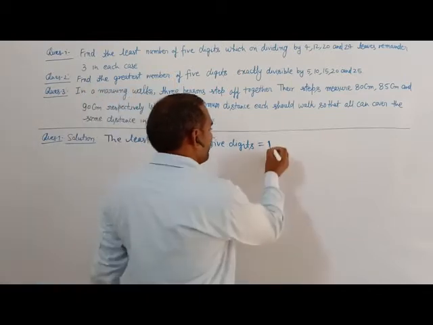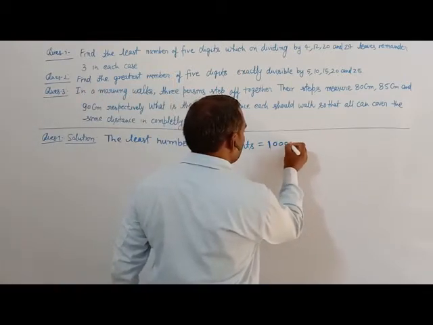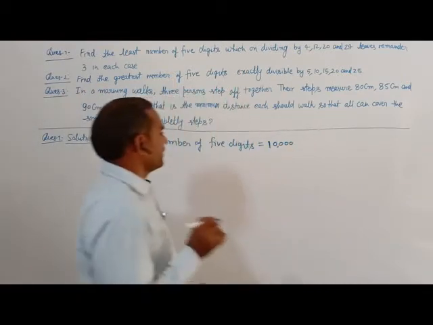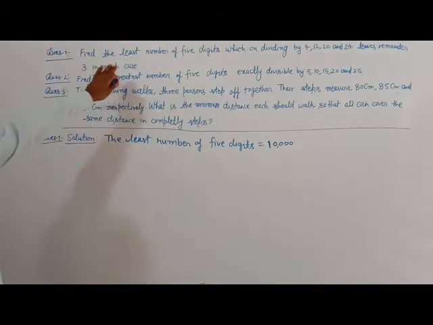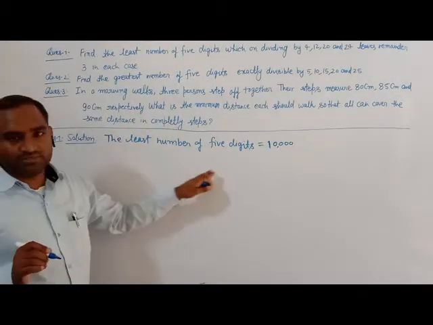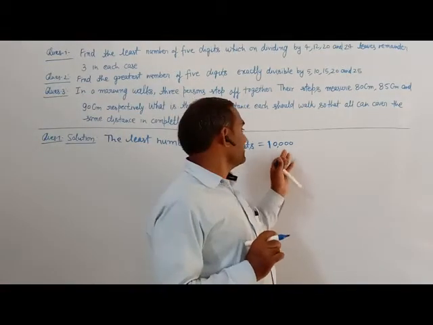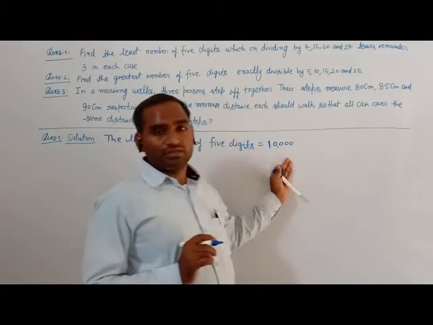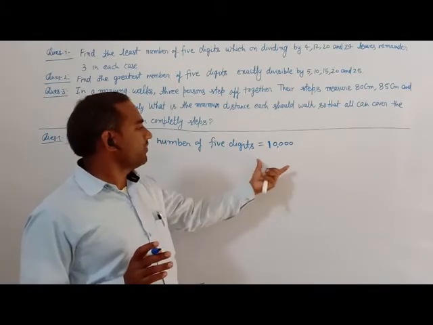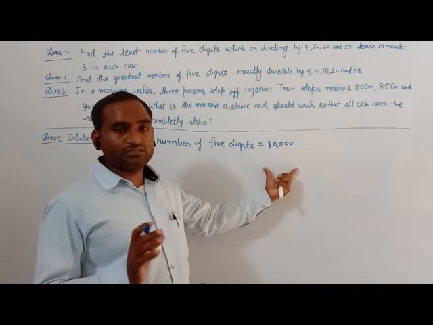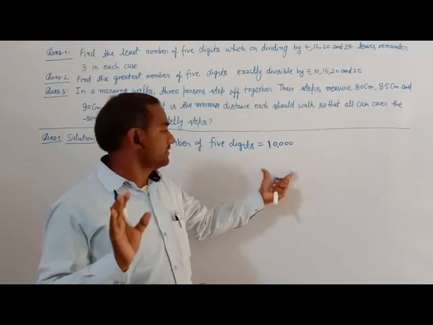So there are four 0s: 1, 2, 3, 4. The least 5-digit number is 10,000. If we subtract 1 from this number, then we get the largest 4-digit number.